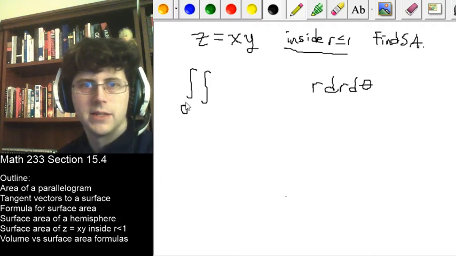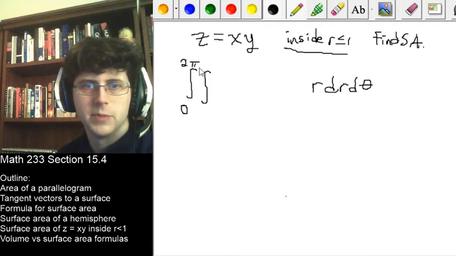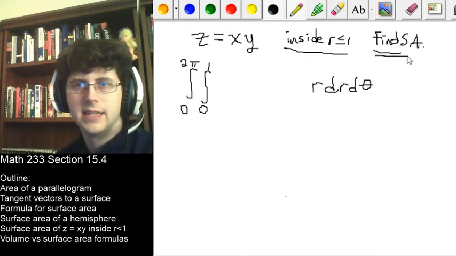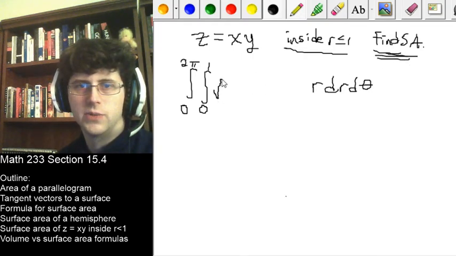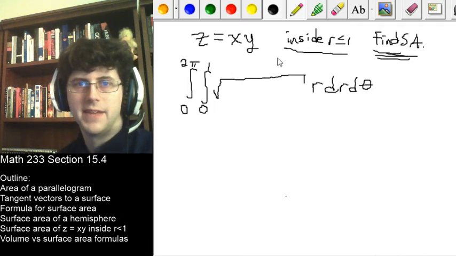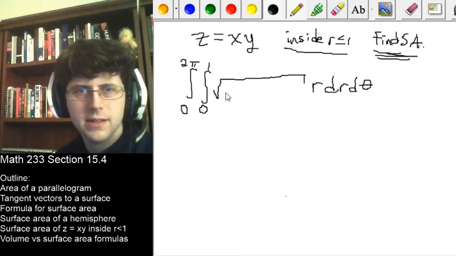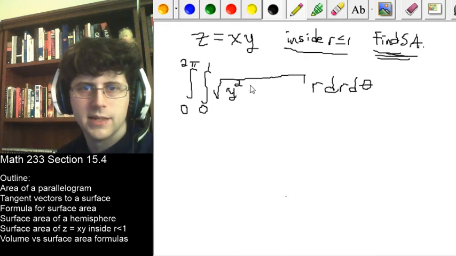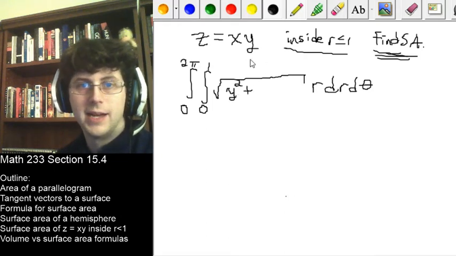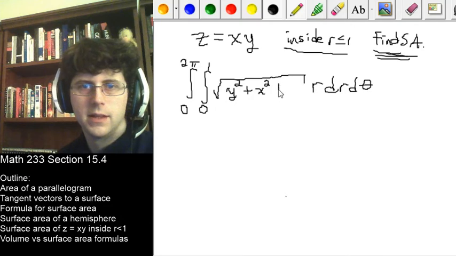Circle of radius 1 goes all the way around, so theta goes from 0 to 2 pi, and r goes from 0 to 1. Then the surface area integrand is the square root of fx squared plus fy squared plus 1. So what's fx? fx is y.